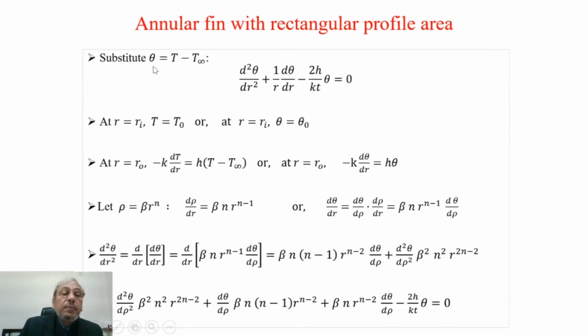Now if we substitute theta as T minus T infinity, then theta is basically the excess temperature over the ambient temperature. So the governing equation will be d2 theta by dr2 plus 1 by r d theta by dr minus 2h by kt theta equal to 0.